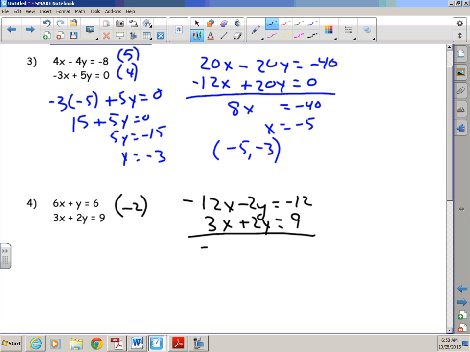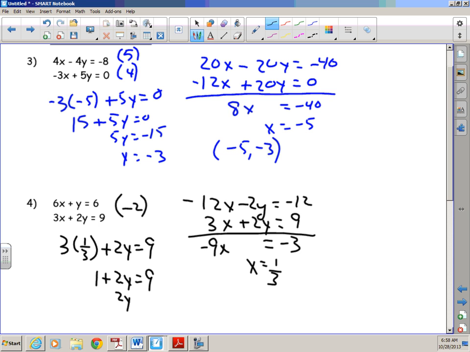So now I'm left with -9x equals -3, or x is 1/3. I put 1/3 in for x. And I get y is 4. And so my answer is (1/3, 4).